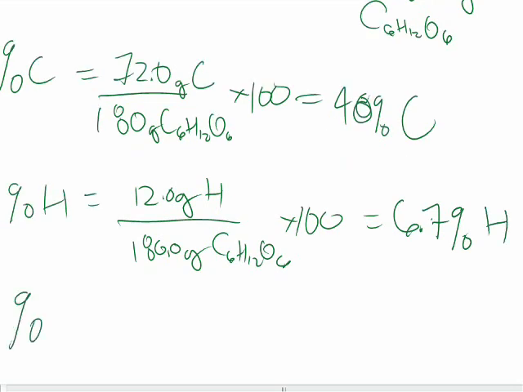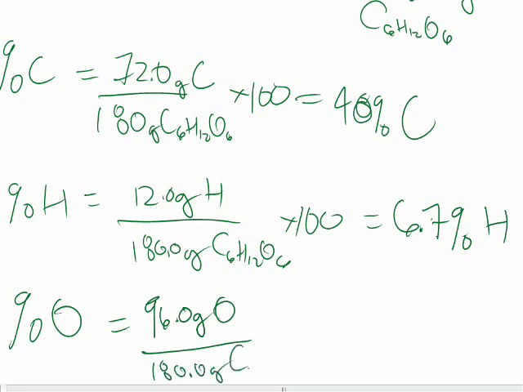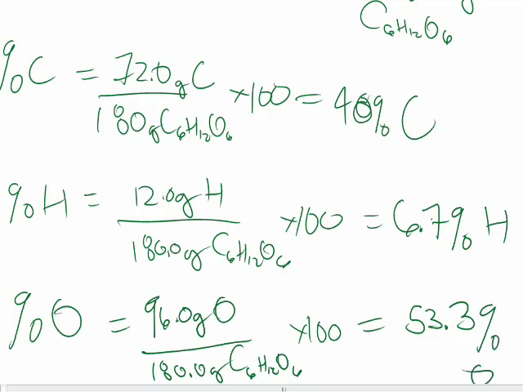And the rest you could subtract, or add and then subtract, but we'll just do it this way. We have 96 grams of oxygen all over 180.0 grams of sugar, or glucose, and we get 53.3% oxygen.